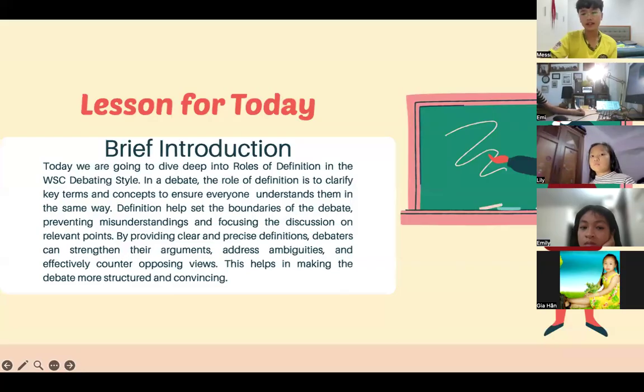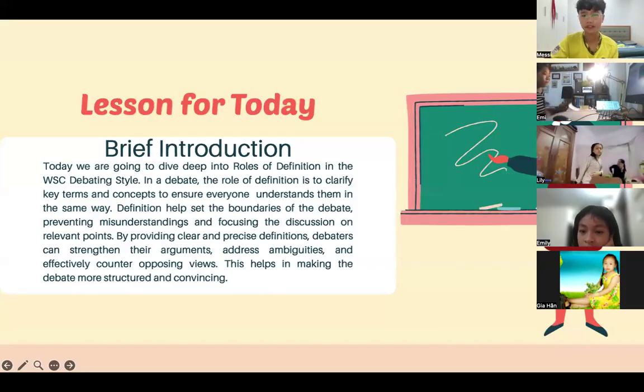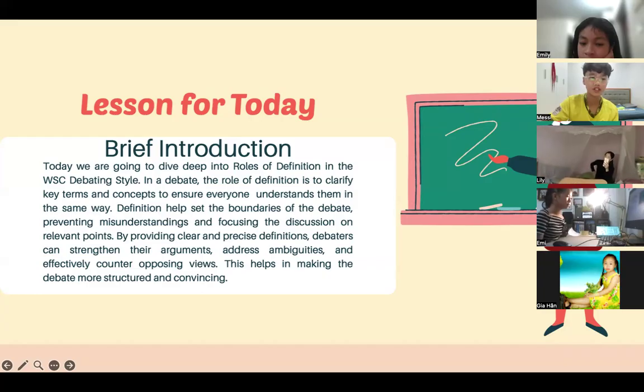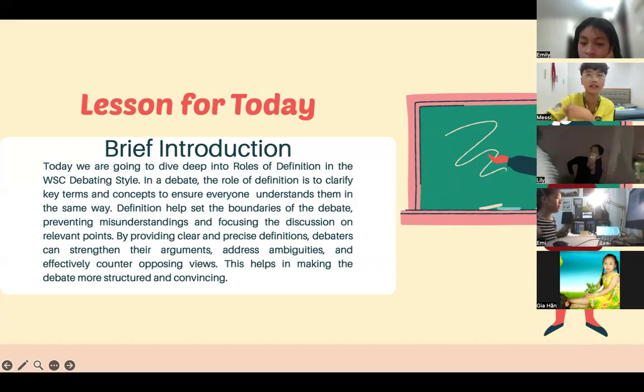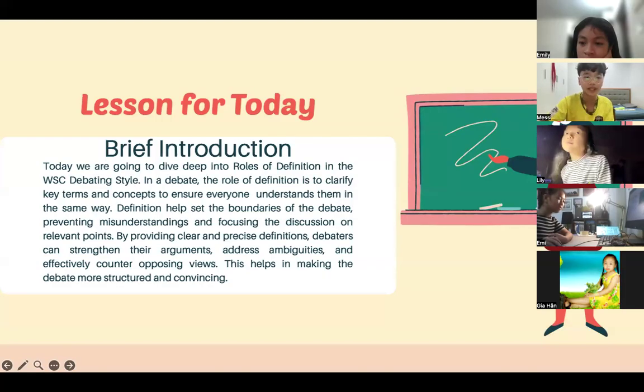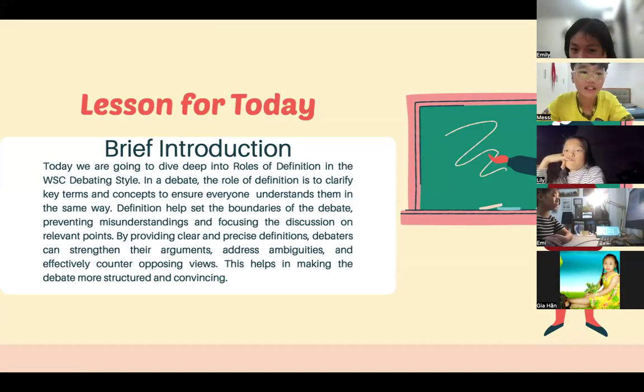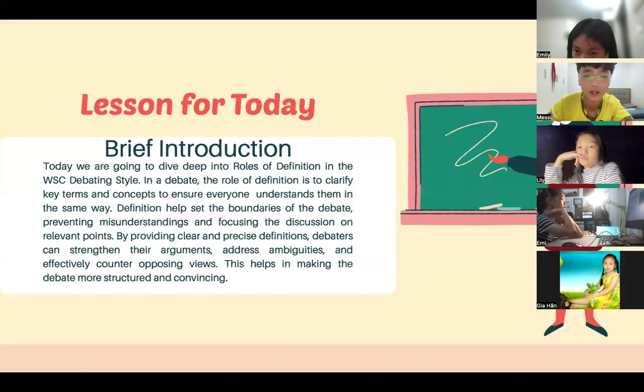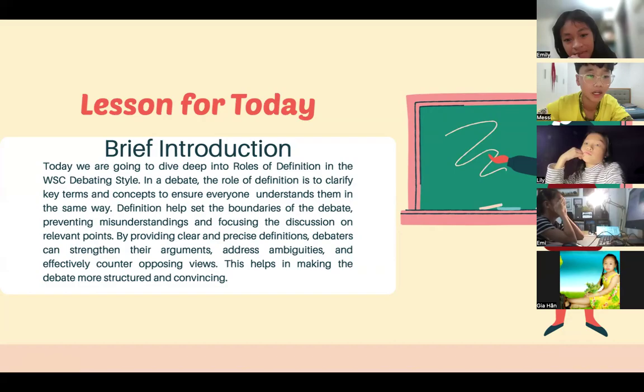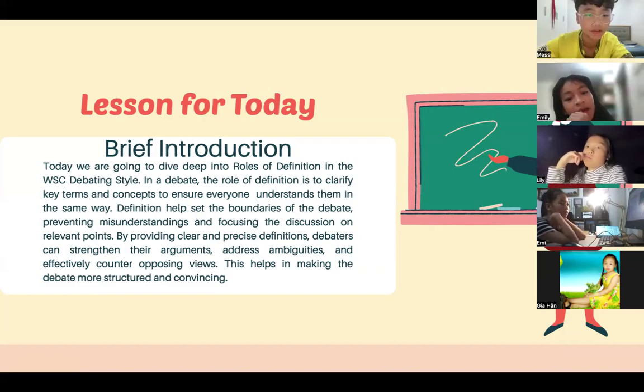Okay. And for today's lesson, we're going to dive deep into the roles of definitions in the WSC debating styles. In a debate, the role of a definition is to clarify the key terms and concepts to ensure everyone can understand them in the same way. Definitions can also help you set the boundaries of the debate, prevent misunderstandings, and focus the discussion on relevant points.